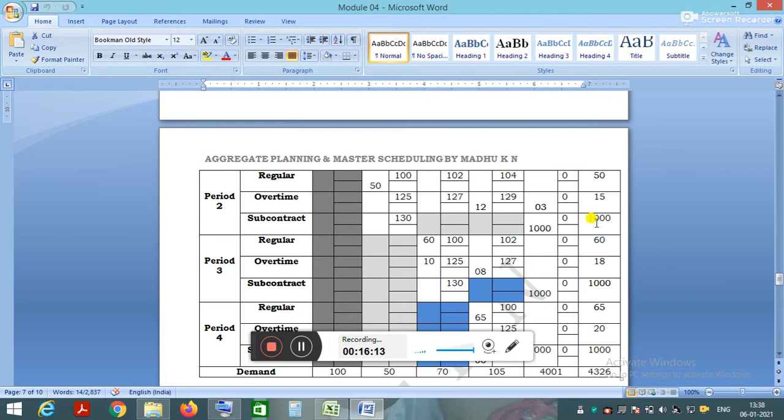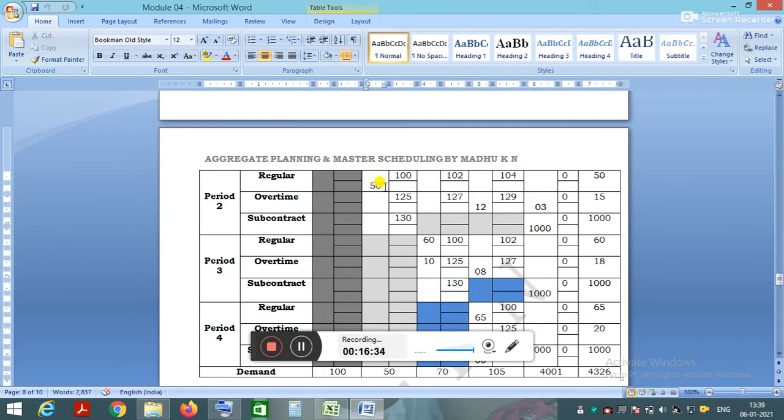Now, since the minimum cost is 100 which comes under regular time, and 50 products can be manufactured in the regular time itself, and the required demand is also 50, we produce all the products in the regular time itself.